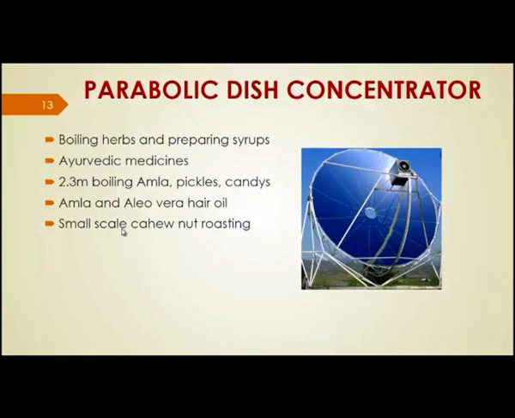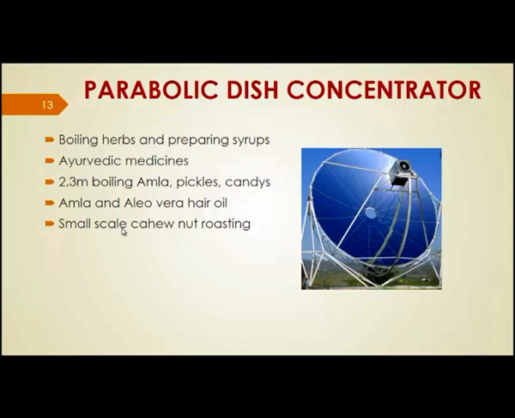cashew nut roasting. So, we have seen different types of solar thermal applications ranging from solar water heating to milk and food processing, using different types of solar concentrators from low temperature to medium temperature, according to the temperature required.